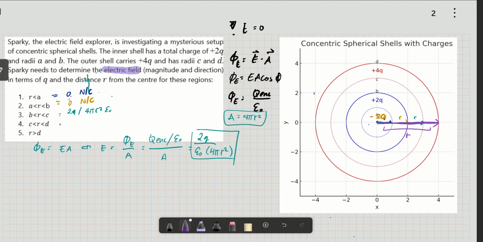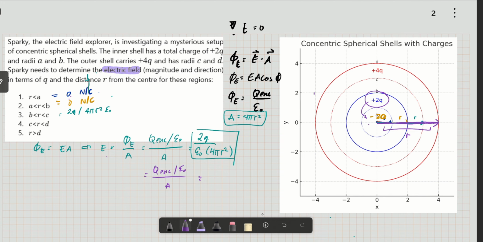We still have cosine phi equal to 1, so flux is equal to EA, giving us E equal to flux divided by A. Then we just modify the last part, which is Q enclosed divided by epsilon naught all over A.